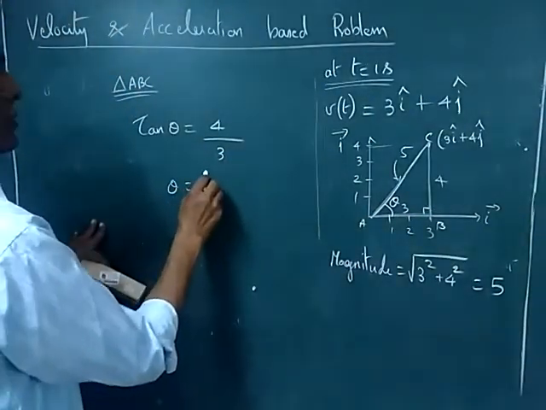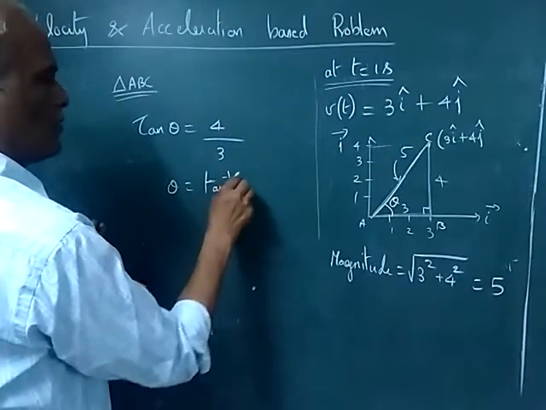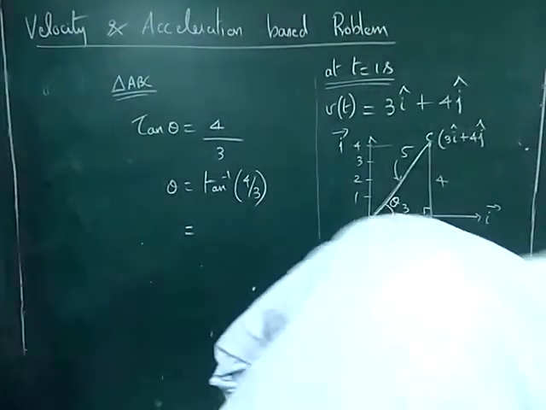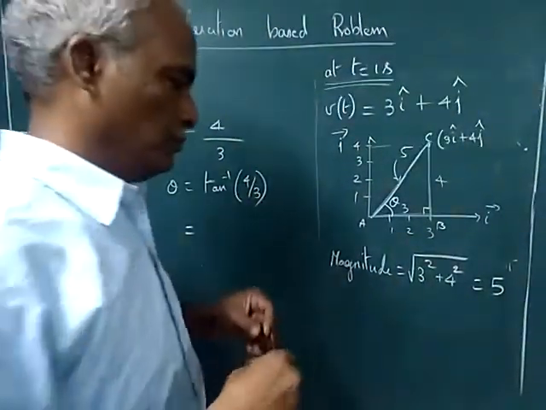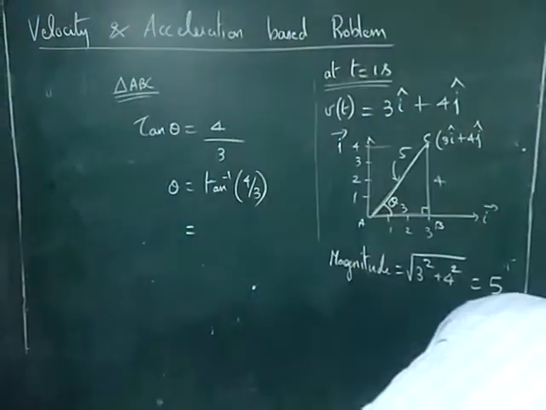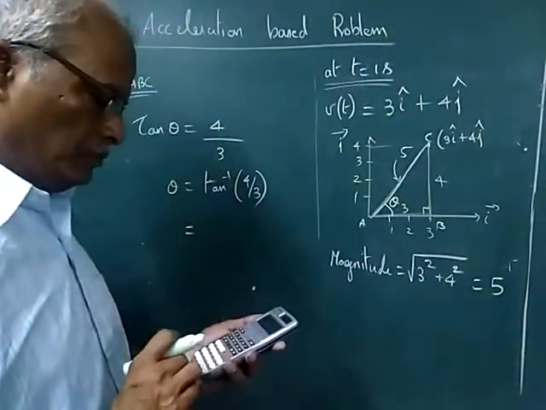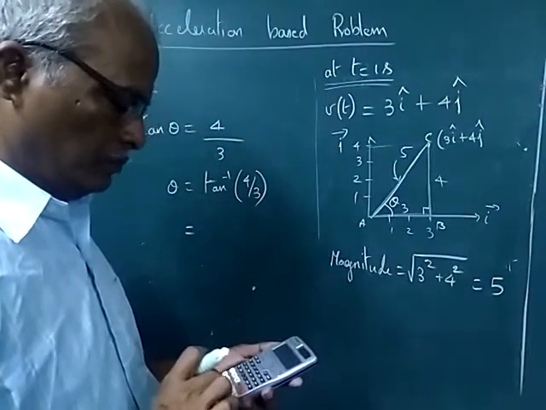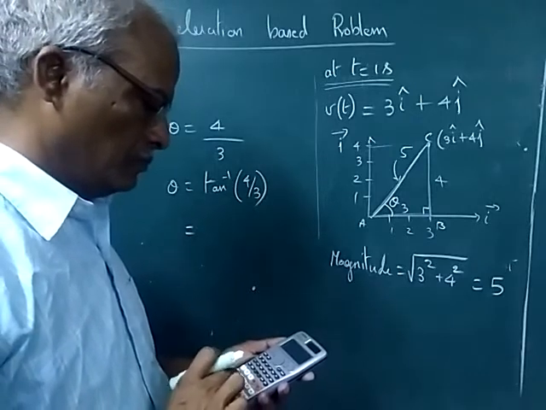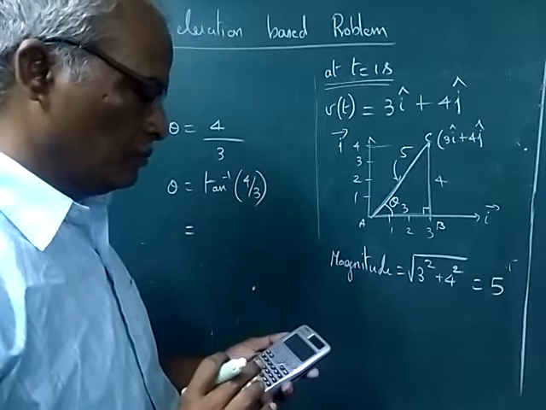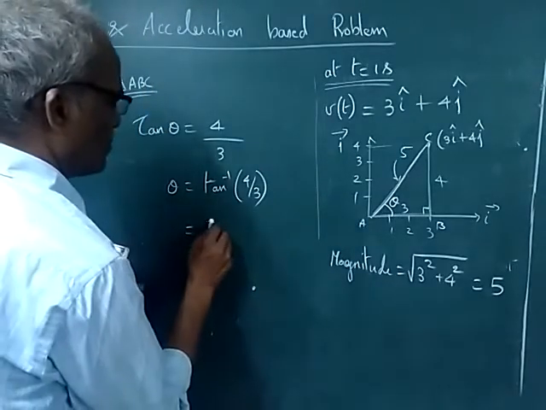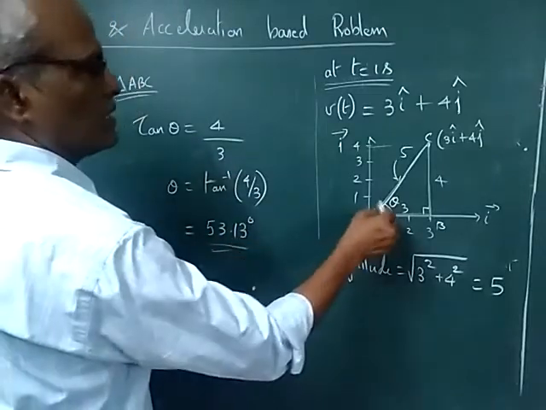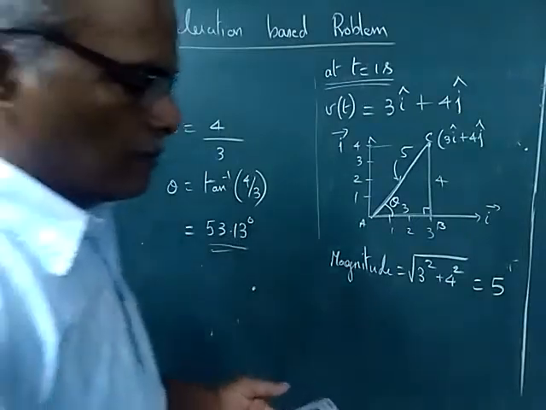So theta is equal to tan inverse of 4 by 3, which is equal to 53.13 degree. This angle is 53.13 degree.